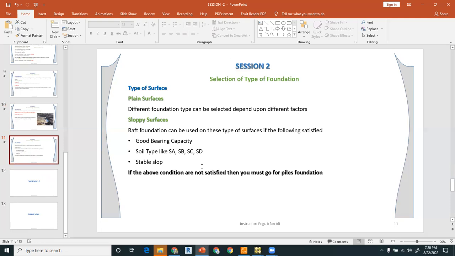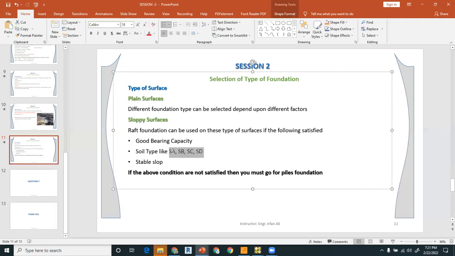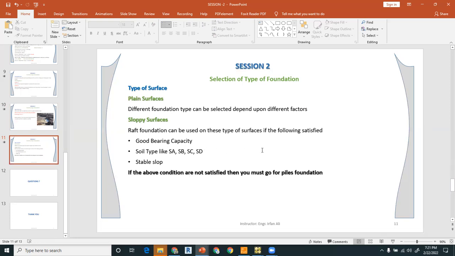Right? In case of sloping surfaces, raft foundation can be used on these types of surfaces if the following conditions are satisfied. The first one is good bearing capacity, the soil type like SA, SB, SC, and SD. What are these? You can search it in the Building Code of Pakistan, or you can search it in UBC 97.